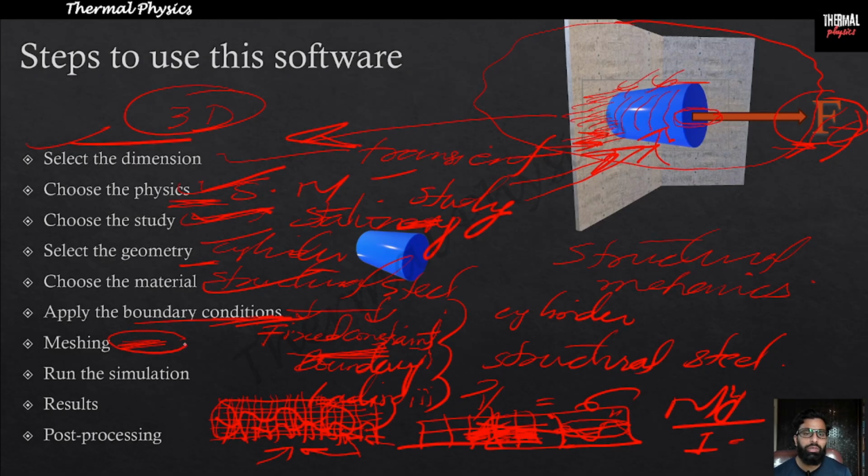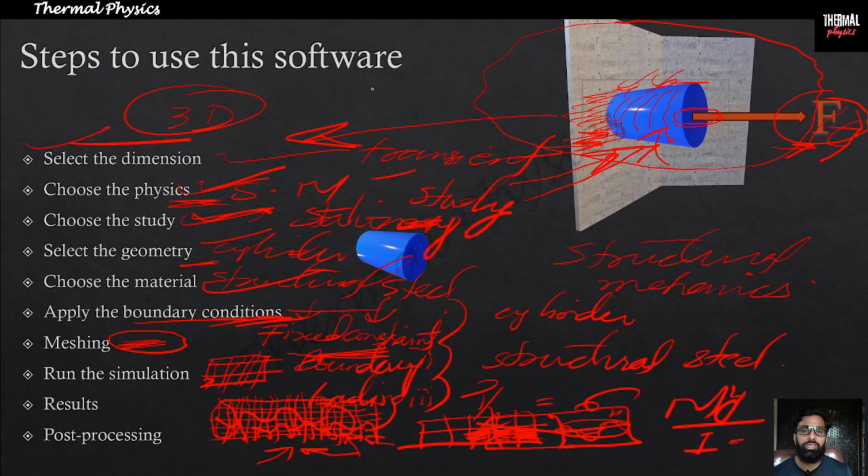Then after that we have to tell the computer which kind of mesh it can use. If our system is simple, regular shaped, and the property is not varying that sharply, then we can use coarser meshes. But if we want to capture the details, then we have to use the finer mesh.